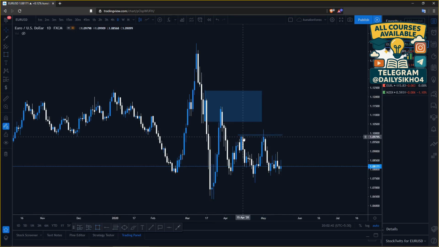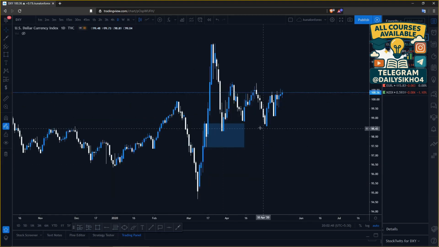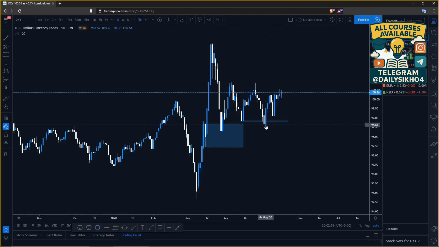This is your 15th of March and this is your 1st May. So you see now how powerful is the correlation between DXY and the Euro USD.